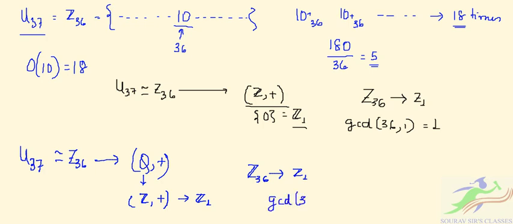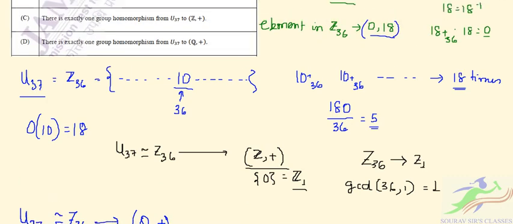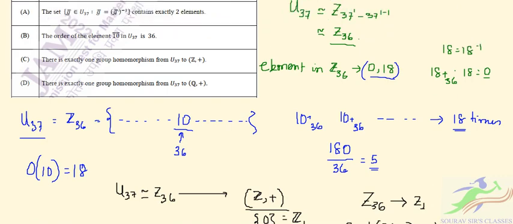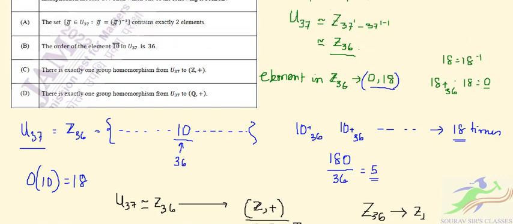GCD of 36 and 1 is 1. So here also exactly one group homomorphism is there from U37 to Q plus. So for question number 24, the false option is that the order of the element 10 in Z36 is 18. So option B is the correct option.